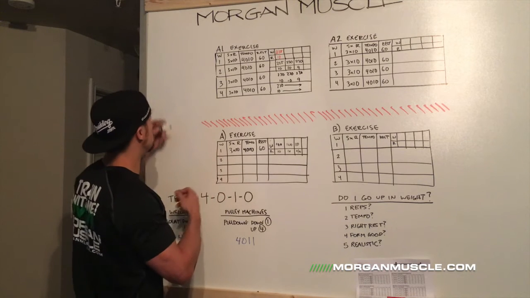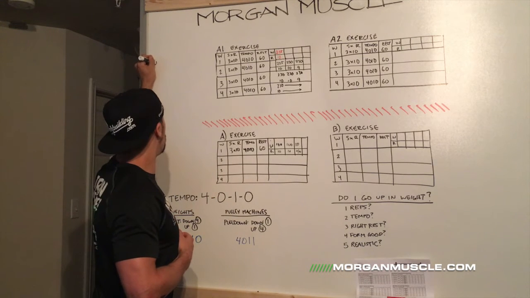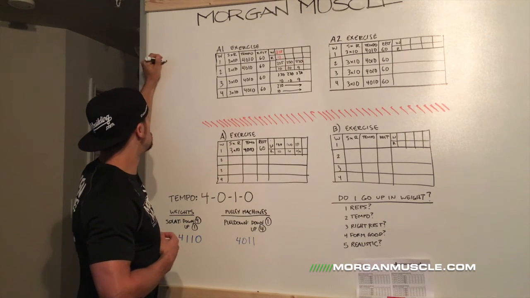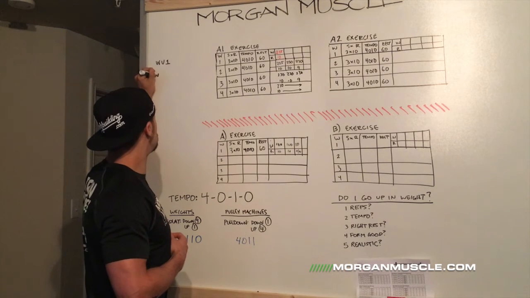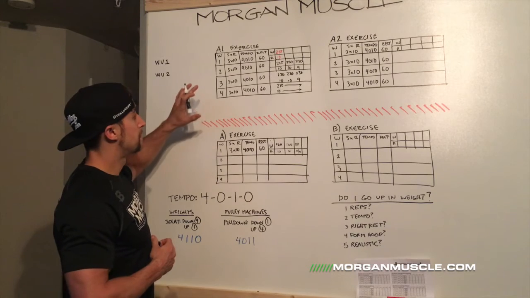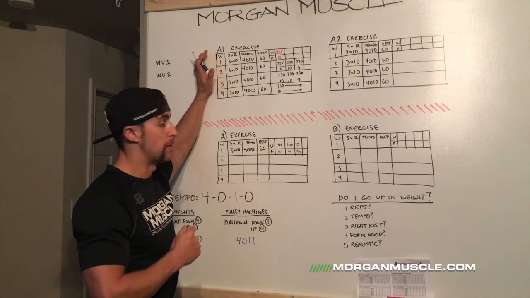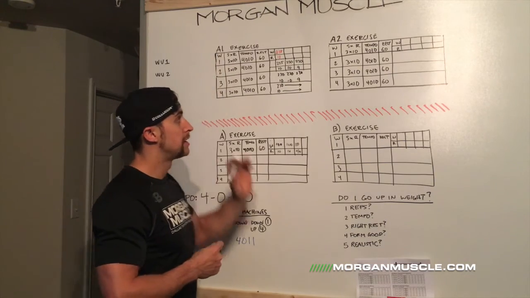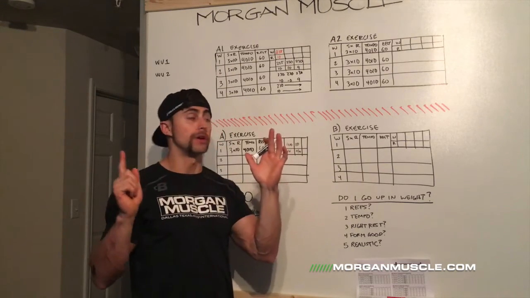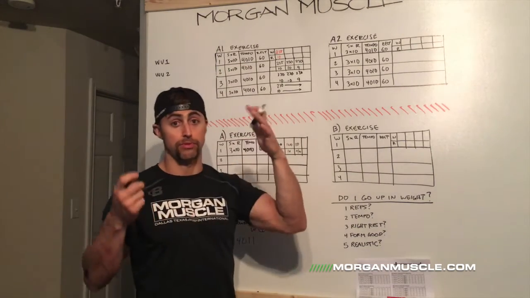So what you want to do is, we'll say warm up, WU set number 1, WU set number 2. For this example, you've got 10 reps, so I would say only 2 warm-up sets is necessary. The more sets you do, probably the less reps.